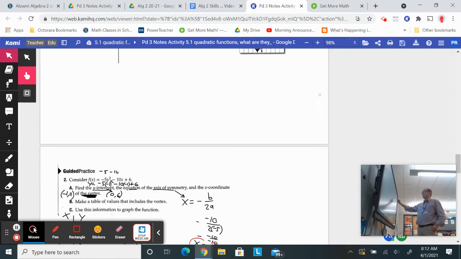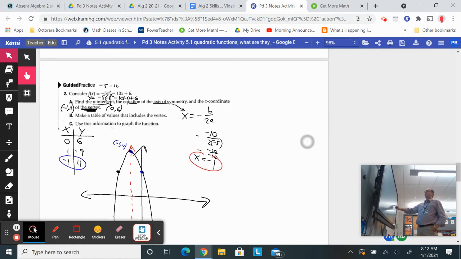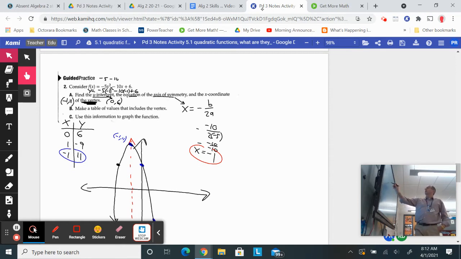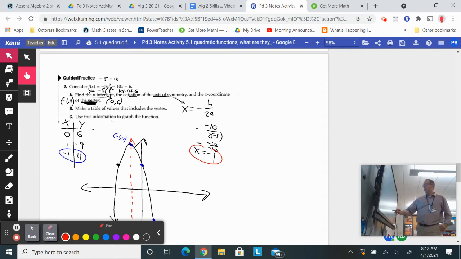And then we actually graphed one together. This negative 5x squared minus 10x plus 6. We found the axis of symmetry, which was x equals negative 1. It's right through here. Let me grab my pen tool, make it yellow. So this is the axis of symmetry. We got it from here.